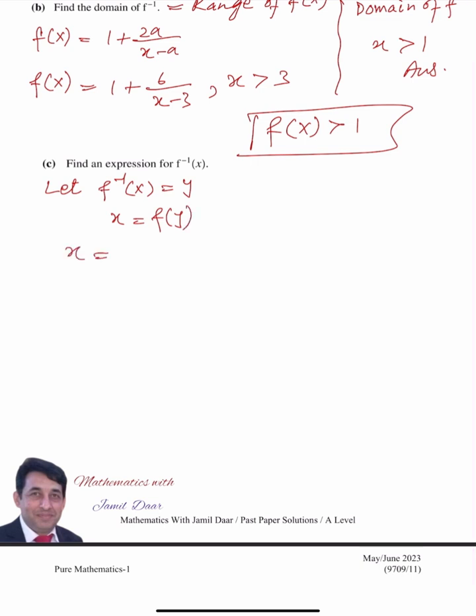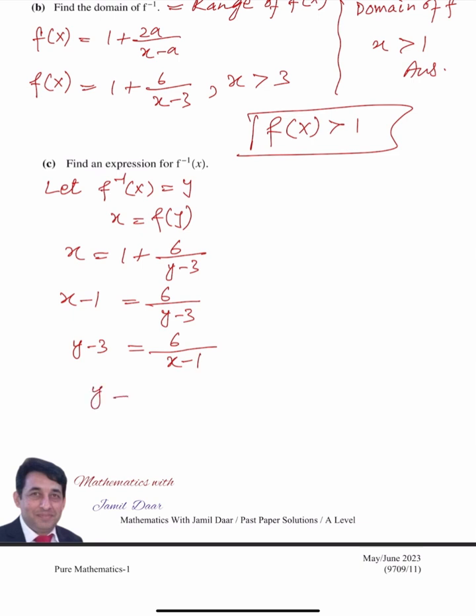X is equal to 1 plus 6 over y minus 3, so x minus 1 is equal to 6 over y minus 3, and y minus 3 is equal to 6 over x minus 1.